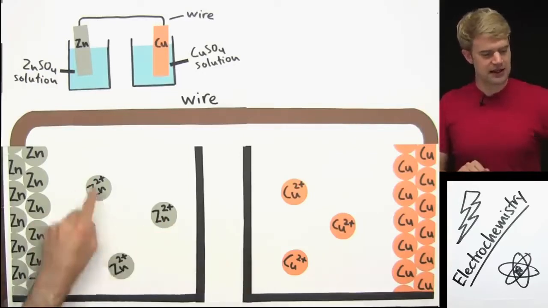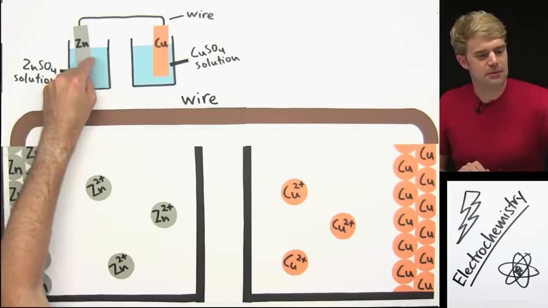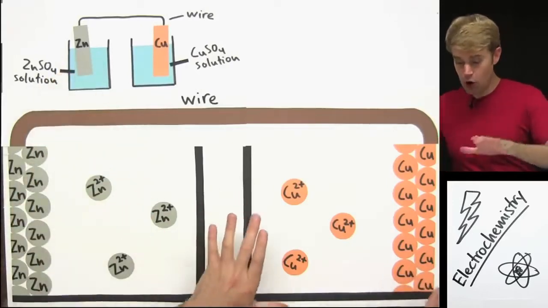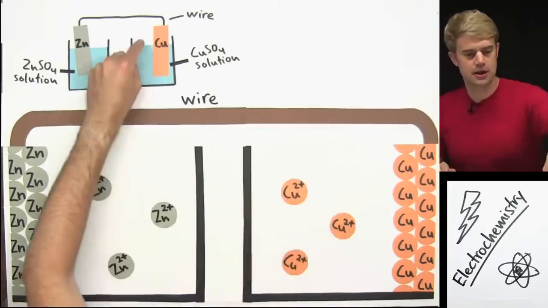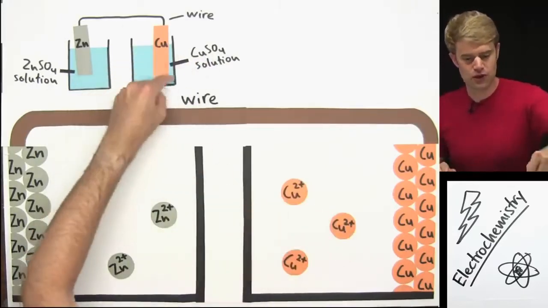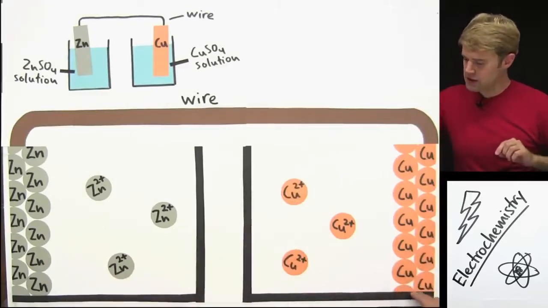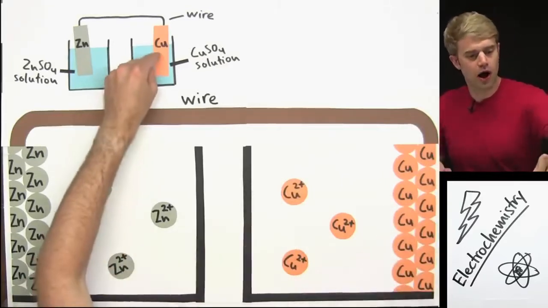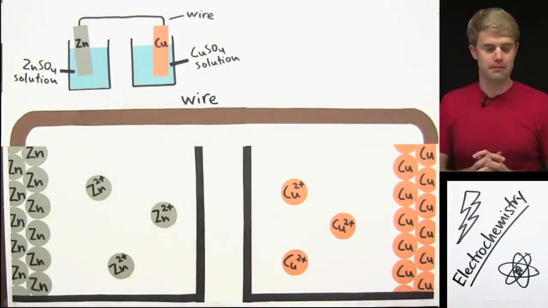So zinc ions in the solution and these zinc atoms in the piece of zinc. Then over here, we have these Cu2+ ions that are in the CuSO4 solution. They're dissolved here. And then these copper atoms are on the edge of this piece of copper here.